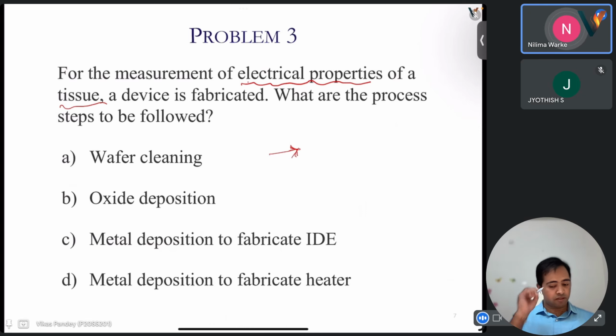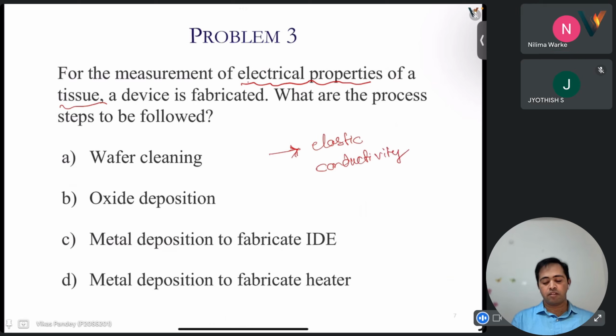Elasticity, resistivity, conductivity, and thermal. There are three parameters we can check using this. Of these, the most easily we can do is conductivity or the impedance or the resistance. And for that, we are making this IDE kind of structure.